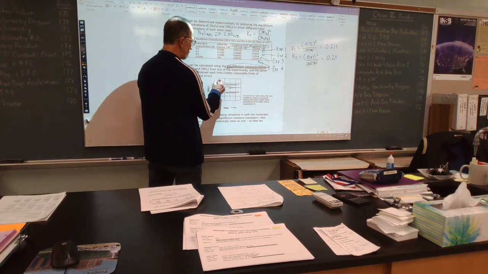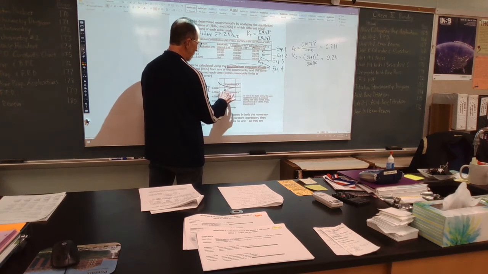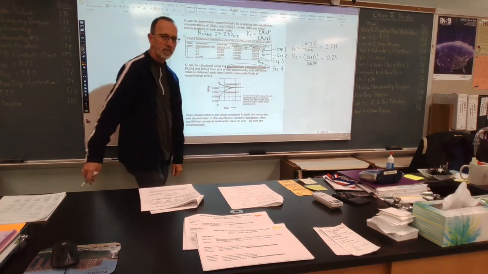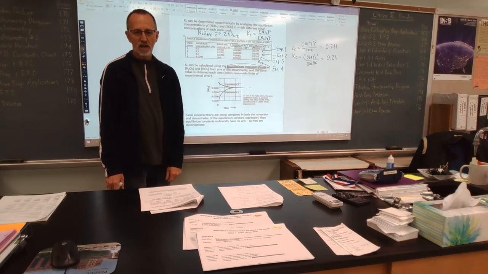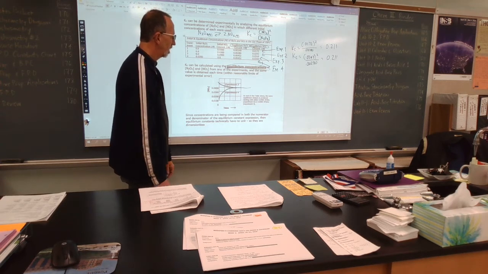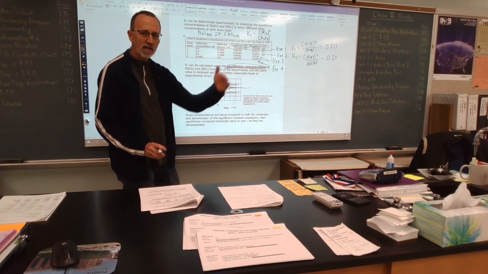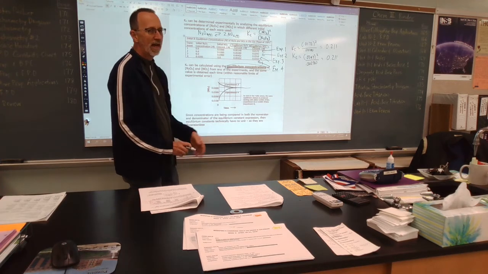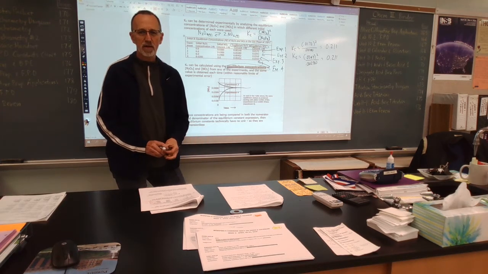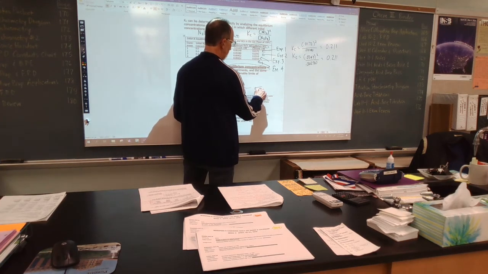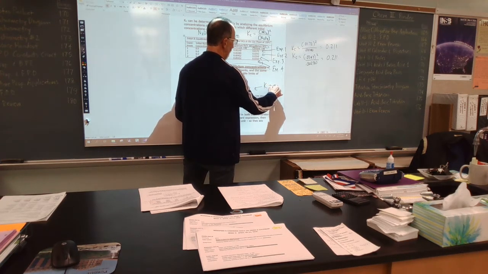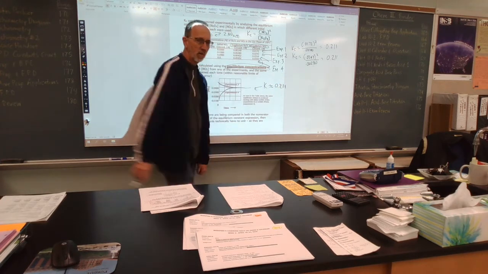So this one works its way this way, this one works its way this way, but you end up at the same value of K, all right? The ratio of product to reactant, regardless of how you started, at equilibrium is the same value. And in this case, K was approximately 0.211.